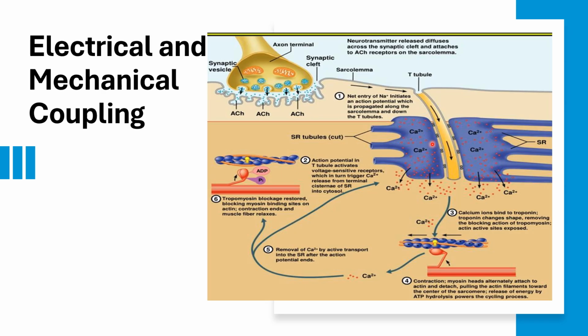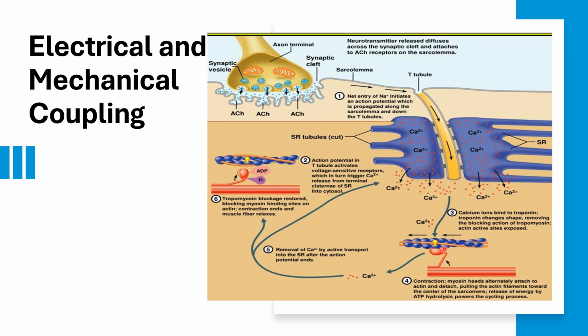When the T-tubule depolarizes, the dihydropyridine receptors undergo a conformational shift that opens the ryanodine channels, releasing a surge of calcium ion from the sarcoplasmic reticulum into the cytosol. This sudden rise in intracellular calcium ion concentration binds troponin C on the thin filament.